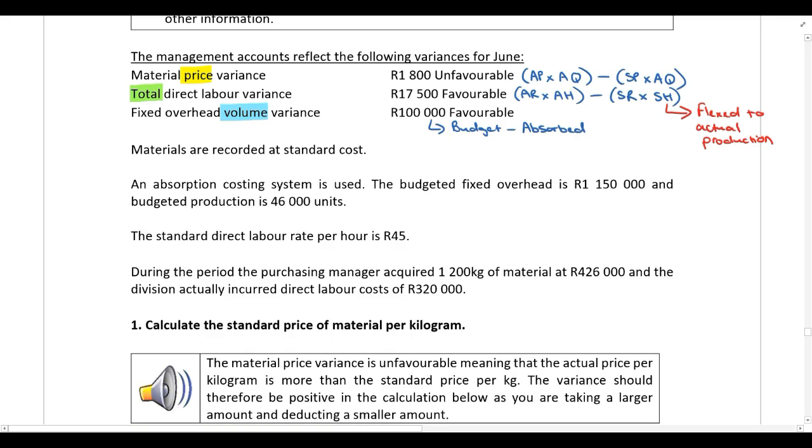Materials are recorded at standard cost. Now that's important because it means that the material price variance is going to be calculated based on the actual quantity purchased.